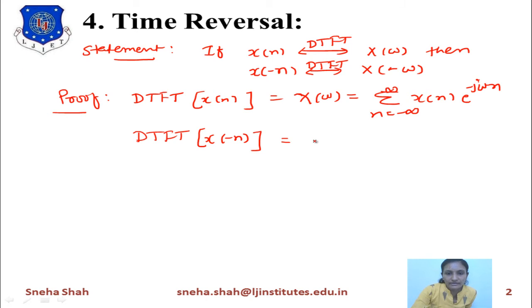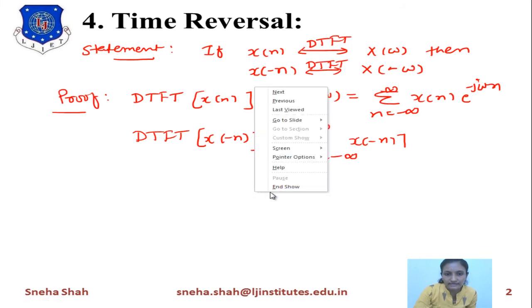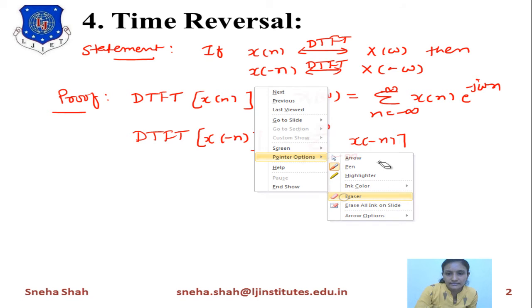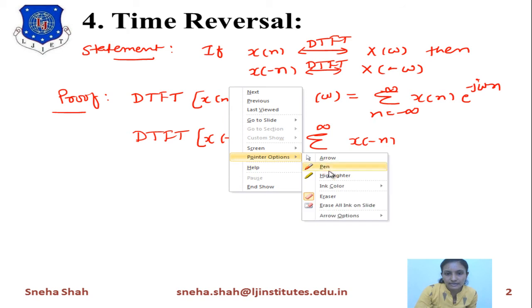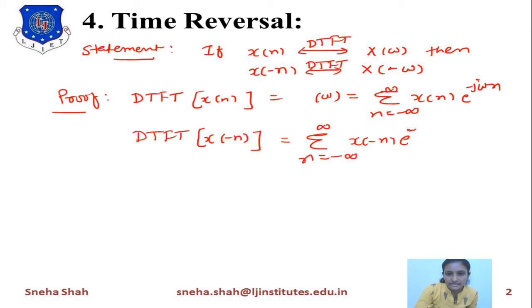So instead of x of n, we will put x of minus n. All the other terms will remain as they are, so we write e raised to minus j omega n here.